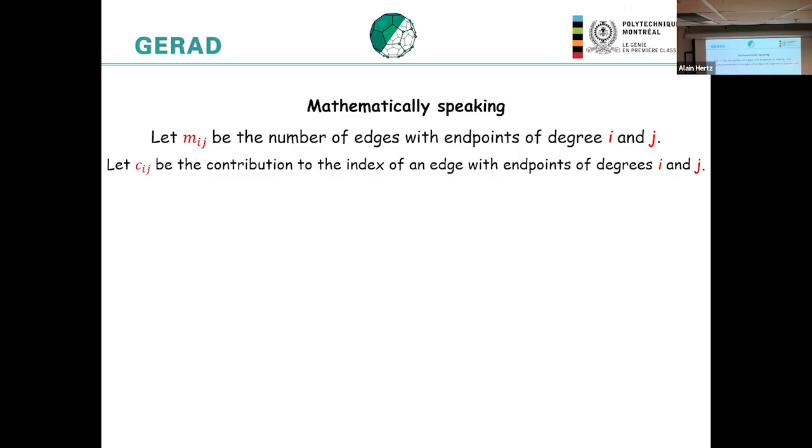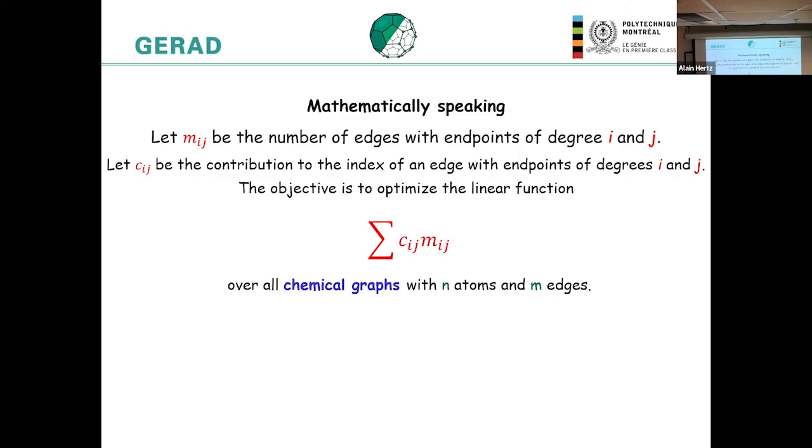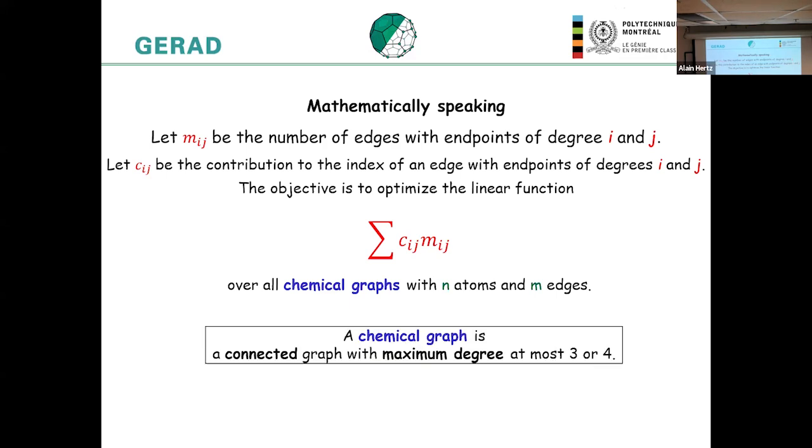And so what you want to do is just minimize or maximize this function, which is the sum of C_ij times M_ij, a linear function. You want to optimize this over all possible chemical graphs with n atoms and m edges or m bonds. So this is your problem. A chemical graph, as I said, is a connected graph with maximum degree at most 3 or 4.